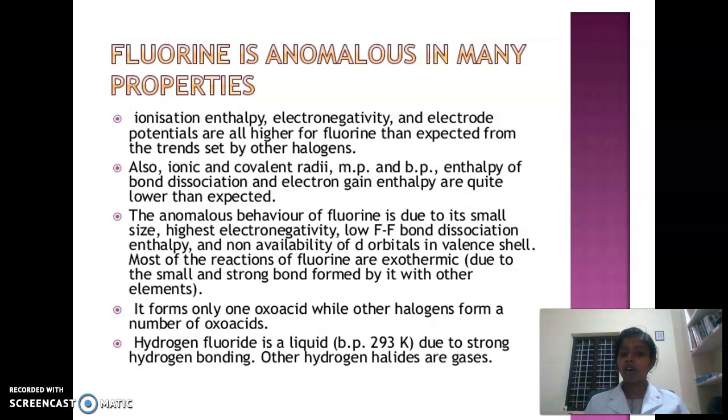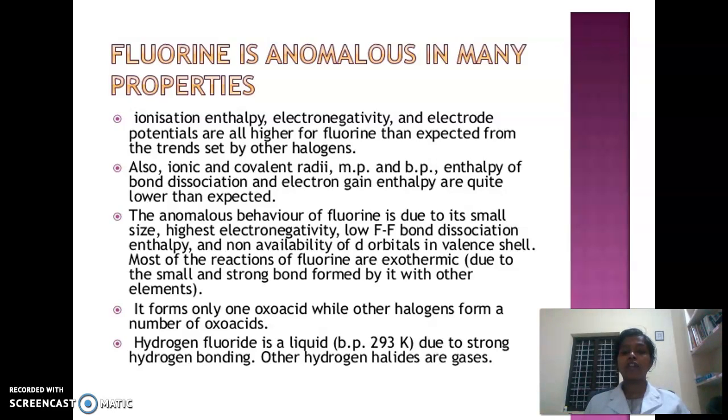Also, the ionic and covalent radii, melting point and boiling point, enthalpy of bond dissociation and electron gain enthalpy are quite lower than expected. The anomalous behavior of fluorine is due to its small size, high electronegativity, low fluorine-fluorine bond dissociation enthalpy, and non-availability of d orbitals in the valence shell.